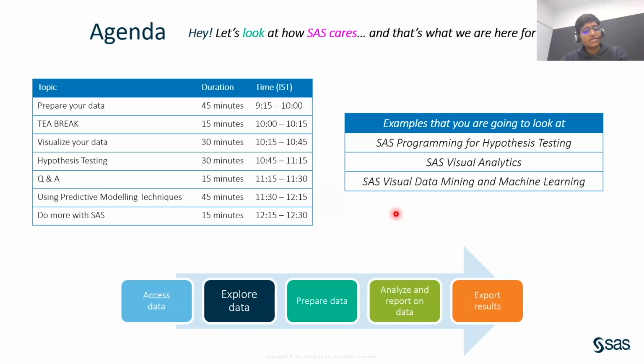And then we are going to look at another tool, which is known as the SAS Visual Data Mining and Machine Learning, which is primarily used for predictive modeling, machine learning, and it is also used for visual text analytics. So two of those examples are something that we're going to take up here, like I said earlier, one relating to decision trees, and the second one relating to text analytics.